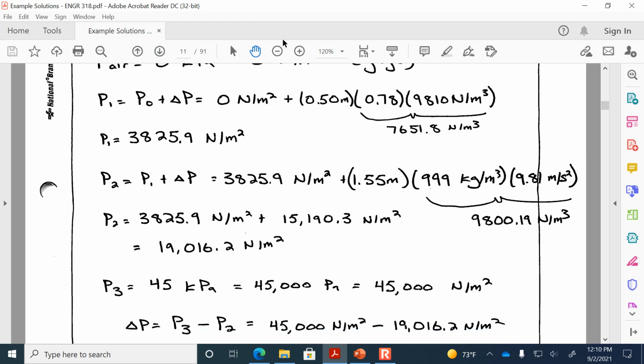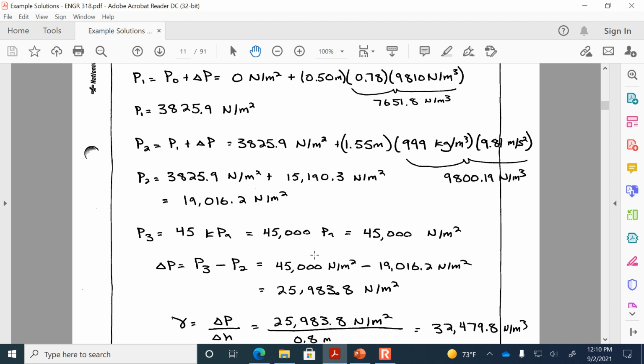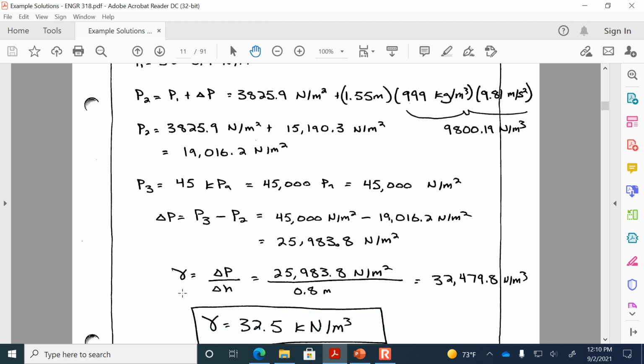So the general form of the hydrostatic equation is delta P is delta H times gamma. And you can see I've rearranged that to solve in terms of gamma. Gamma is delta P divided by delta H. So we're just turning this general hydrostatic equation on end to solve for gamma. By definition, unit weight is how much the pressure changed per change in depth.